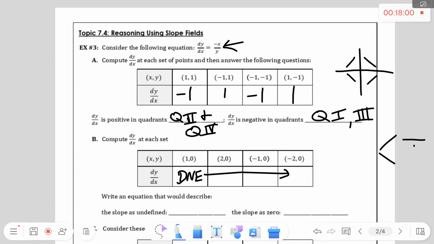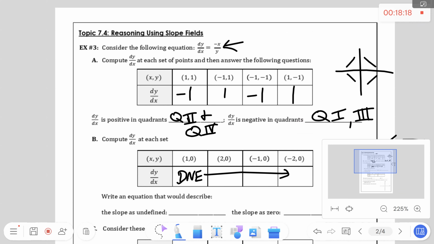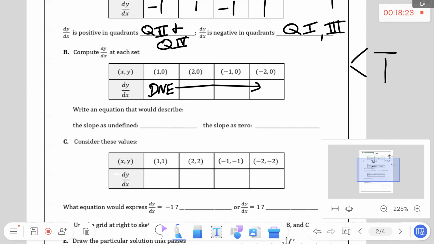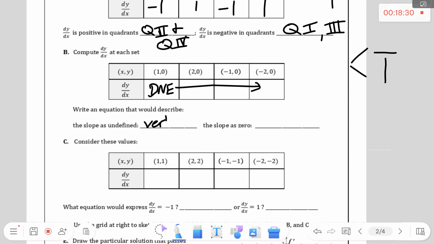Slope doesn't exist when you have a vertical line, right? Slope is undefined on a vertical line. And the slope is 0 on a horizontal line.